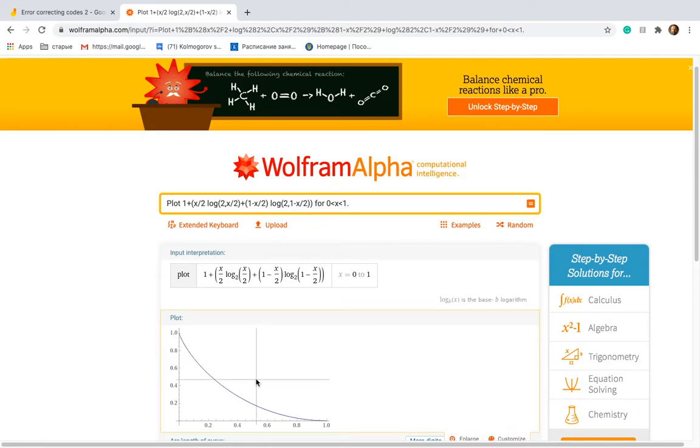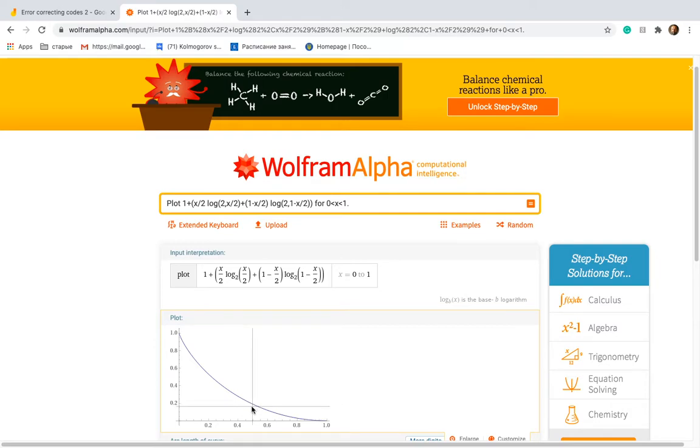For example, from this picture, we see that if the relative distance is, say, 1/2, there is no code whose rate is larger than 0.2.